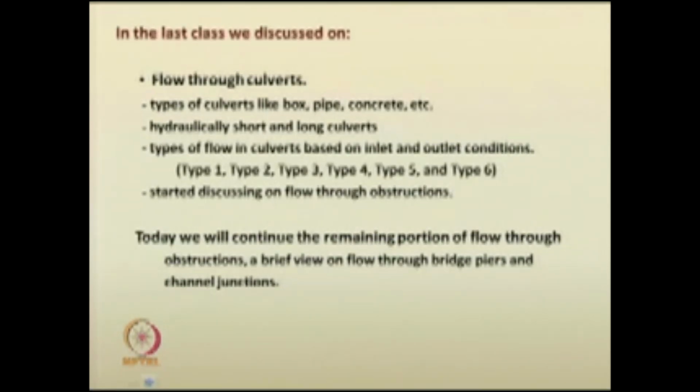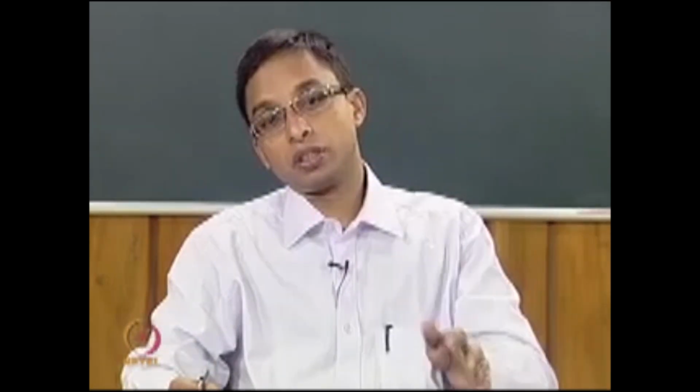Also, we started discussing flow through obstructions. There are various obstructions like bridge piers and columns that can be found in water channels. An obstruction means that, due to that obstruction, a minimum of 2 pathways are there for the flow of water.